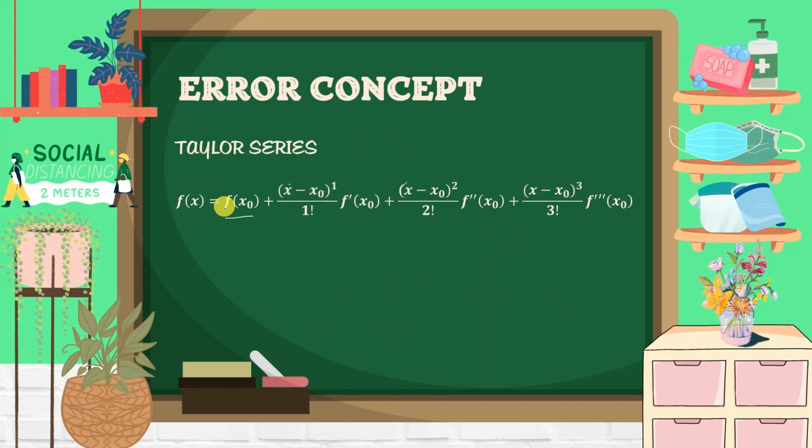Recalling, as shown, f of x is equal to f of x sub 0 plus x minus x sub 0 raised to 1 over 1 factorial times the first derivative of f at x sub 0, plus x minus x sub 0 raised to 2 over 2 factorial times the second derivative at x sub 0, plus x minus x sub 0 raised to 3 over 3 factorial multiplied by the third derivative at x sub 0, plus until x minus x sub 0 raised to n over n factorial multiplied by the nth derivative at x sub 0.